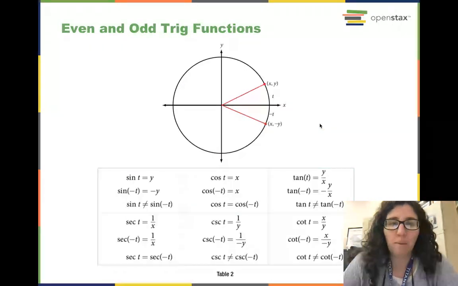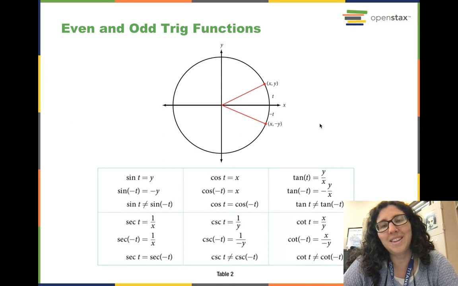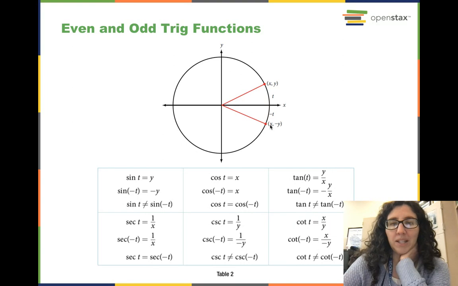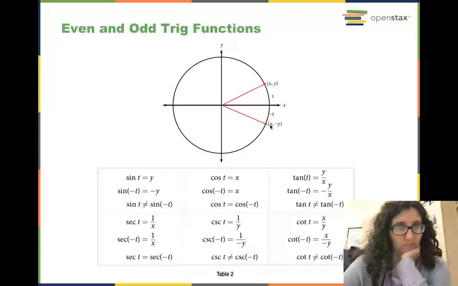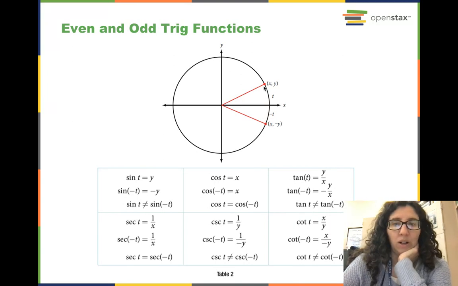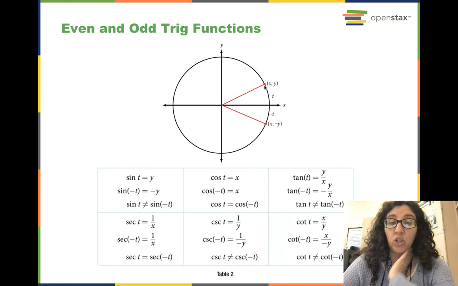So let's think about which trig functions are going to be even and odd. If we have an angle t, and an angle negative t, which are going to be the same? Well, the x value is the same, right? Which is cosine. Cosine of t equals cosine of negative t.